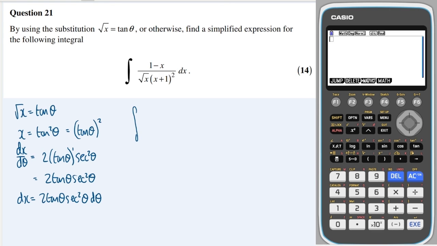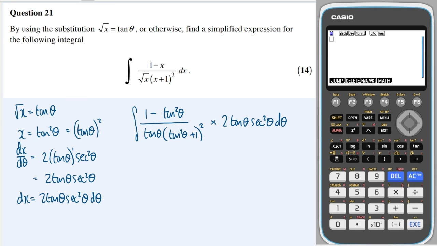So I'm going to rewrite it as 1 minus x, and x we know is tan squared theta, all over root x, which we know is tan theta, open brackets, x plus 1, which is tan squared theta plus 1, close brackets, squared, and then we're multiplying that by dx, which we know is 2 lots of tan theta sec squared theta d theta.